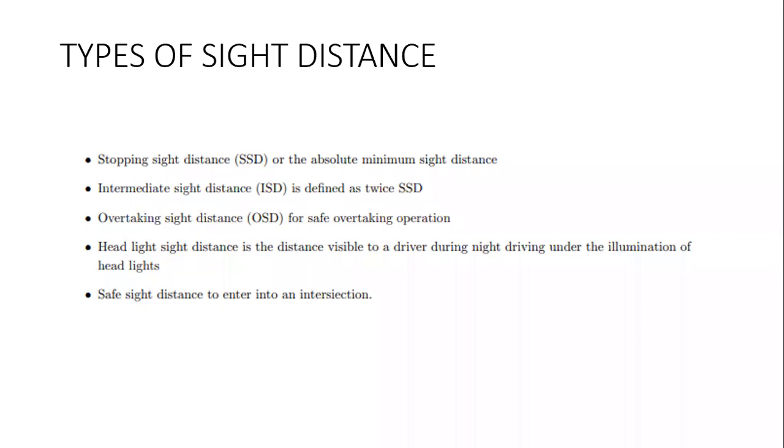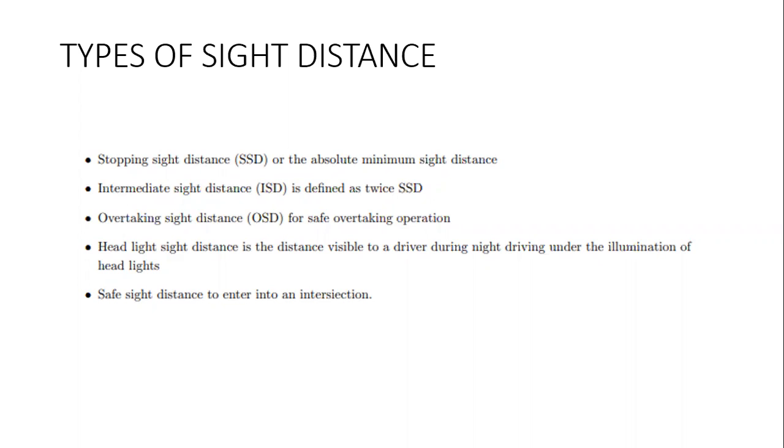Next is headlight side distance. As I said, it also has abbreviations like HLSD or HSD. This HSD is the distance which is visible to the driver during night time. When you're driving at night there may be some difficulty, especially in the case of blacktop roads, like bitumen roads.